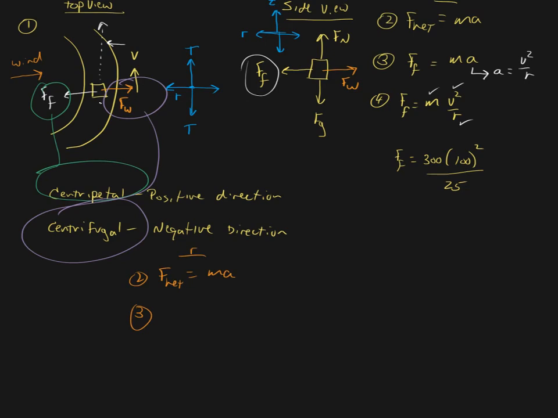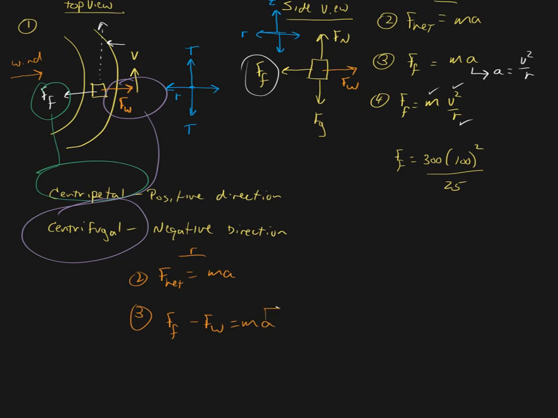One is friction, the other is the force due to the wind. Now, the friction force points towards the center. That means it's in the centripetal direction, which is the positive direction. So I would write the force of friction minus the force of wind, because the force of the wind points in the negative direction in the RTZ coordinate system. And that's going to be equal to MA.